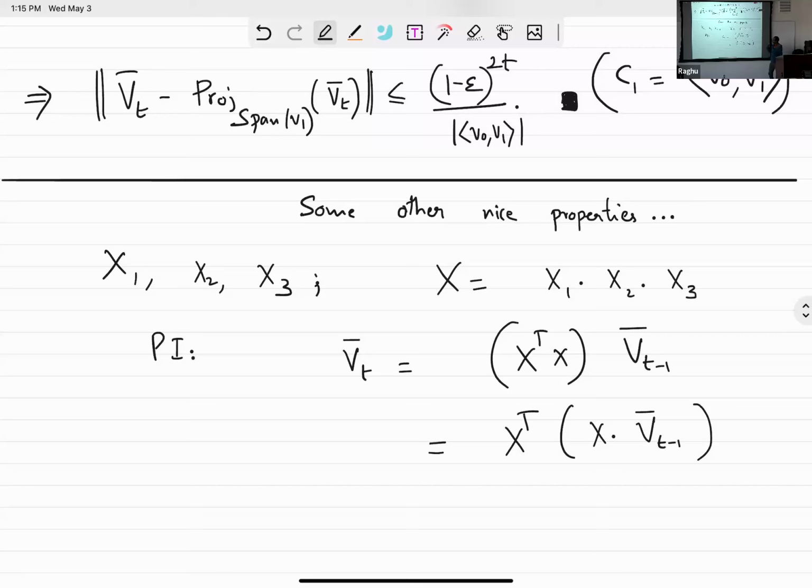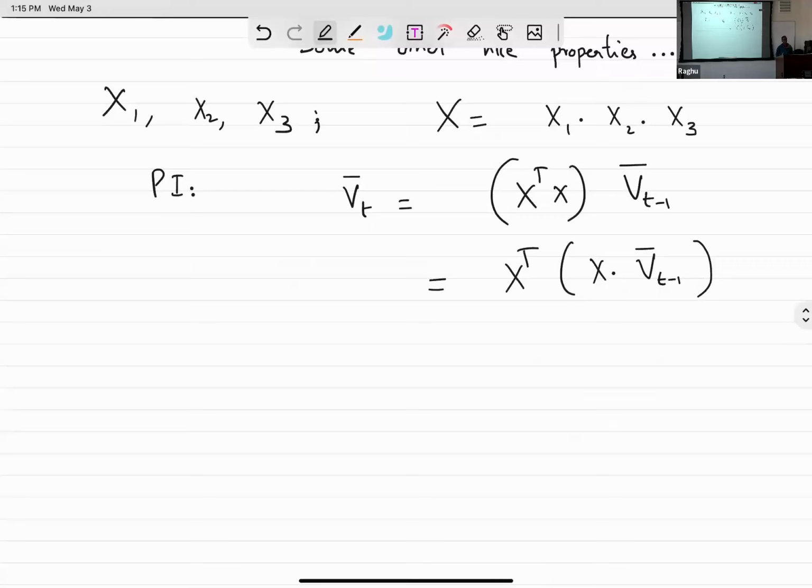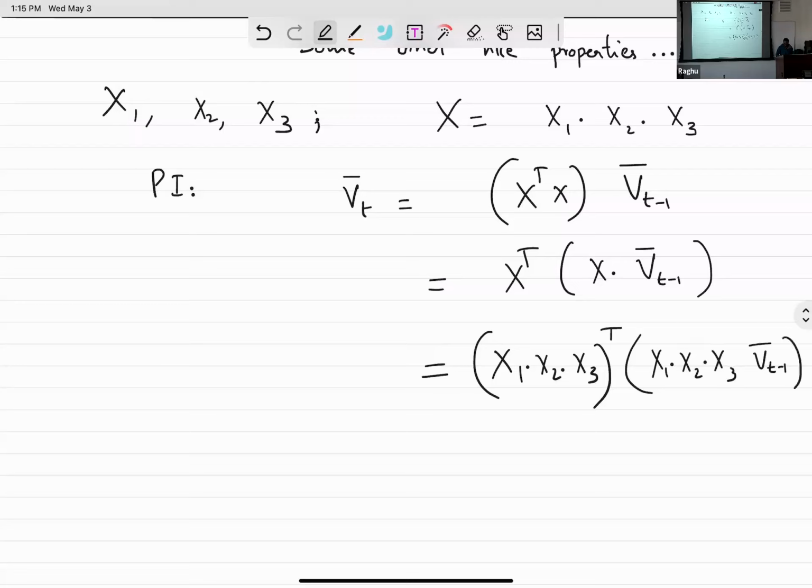Well, you should never multiply x out, because I gave you x1, x2, x3, and I'm trying to compute the principal singular vector of the product. If I plug it in here, I get, okay, so what would you do?